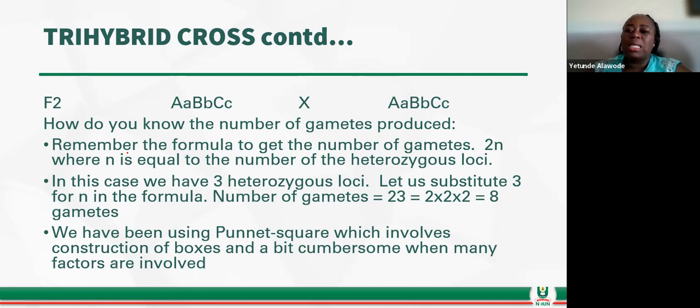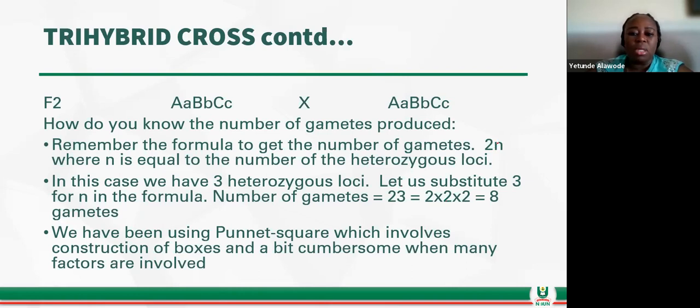So in the case of a dihybrid cross, your n is 2 because it's dihybrid. In the case of a trihybrid cross, your n is 3. So it is 2^n. That is the formula for getting your gametes. And yes, that n is raised to power. Mistake here, it's raised to power.